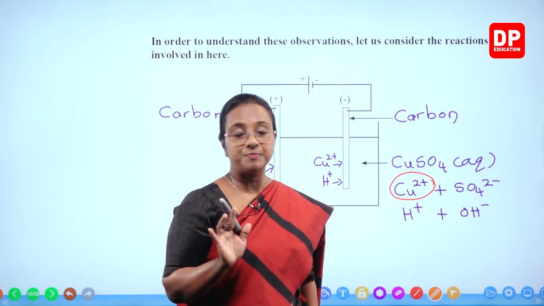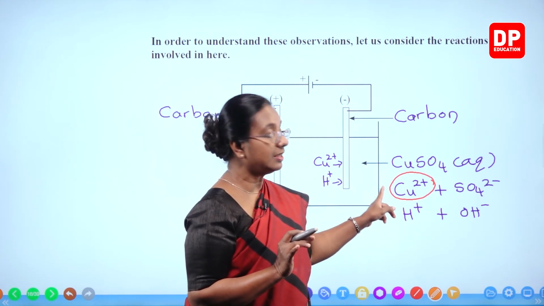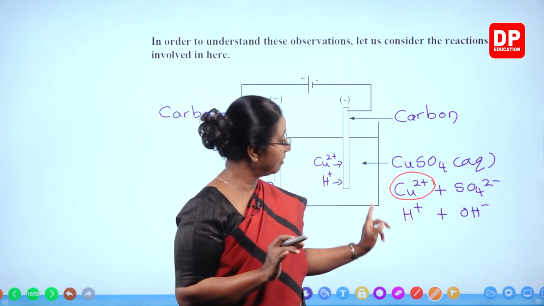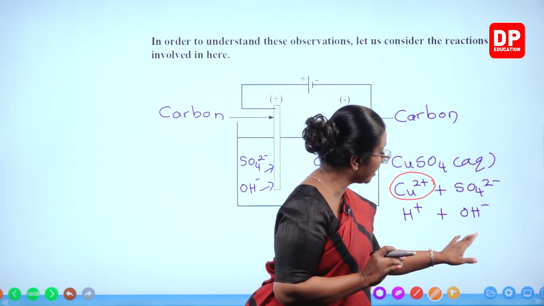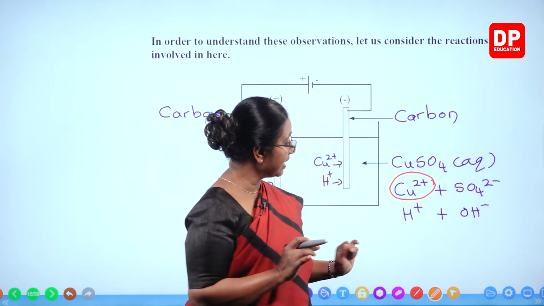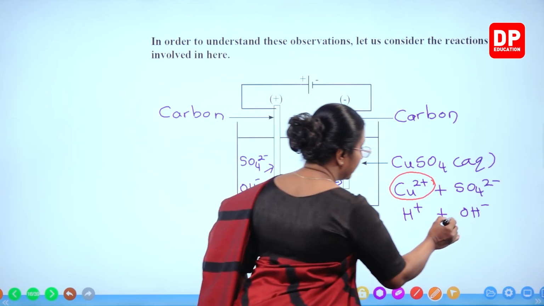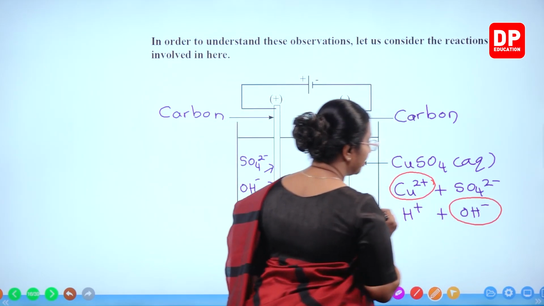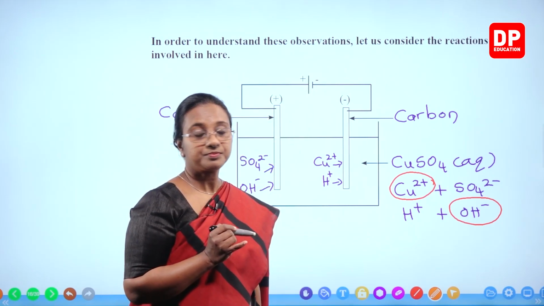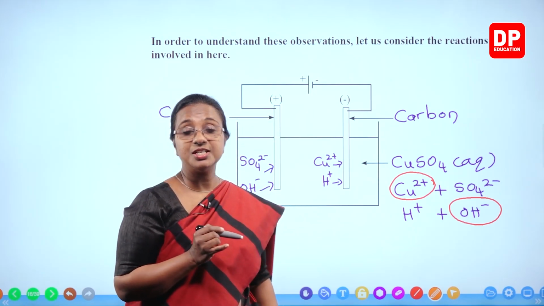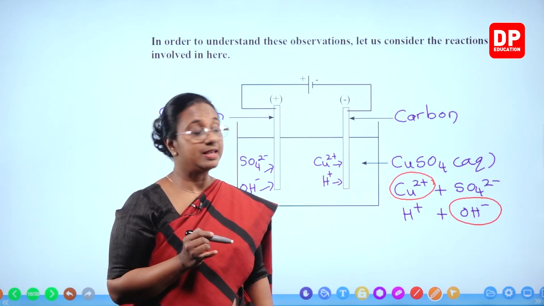You have to remember. Because copper is less reactive, Cu2+ will get reduced. At the same time, there are two negative ions, two anions, sulfate ion and hydroxide ion. Out of that, the hydroxide ion will undergo oxidation. So those are the reactions that are going to take place here.